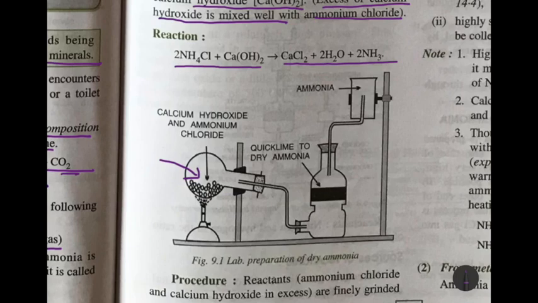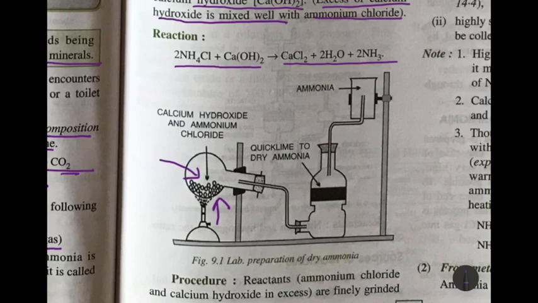When this is heated, ammonia gas is given out. Now why is this round bottom flask tilted in this way? Because in this reaction water is formed, and this water should not trickle back into the heated flask, because if it does, it will break the flask.